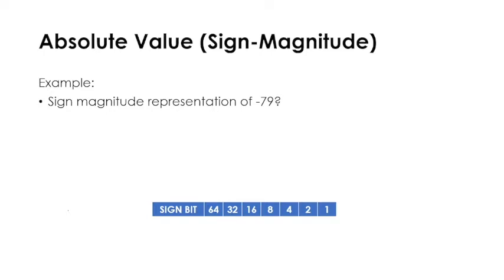What is the sign magnitude representation of negative 79? This time it is a negative number, so our sign bit will be 1. And in order to get 79, we need to add 64, 8, 4, 2, and 1.